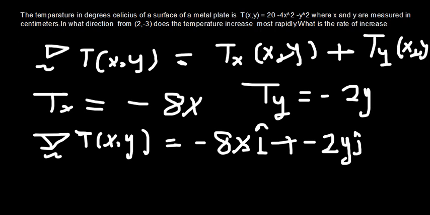So this is equal to negative 2x i minus 2y j.